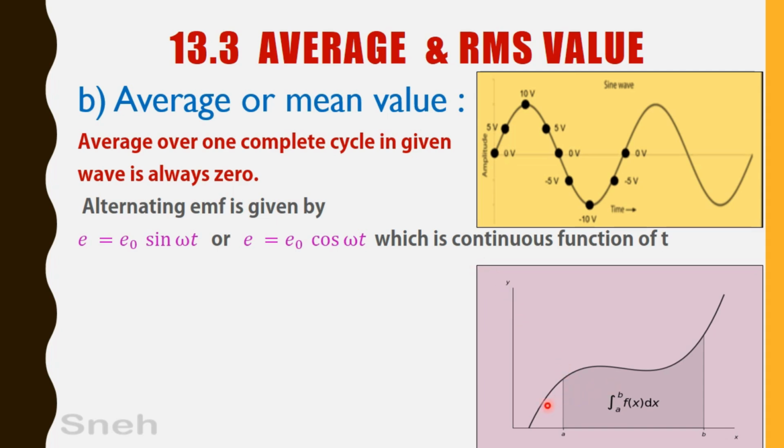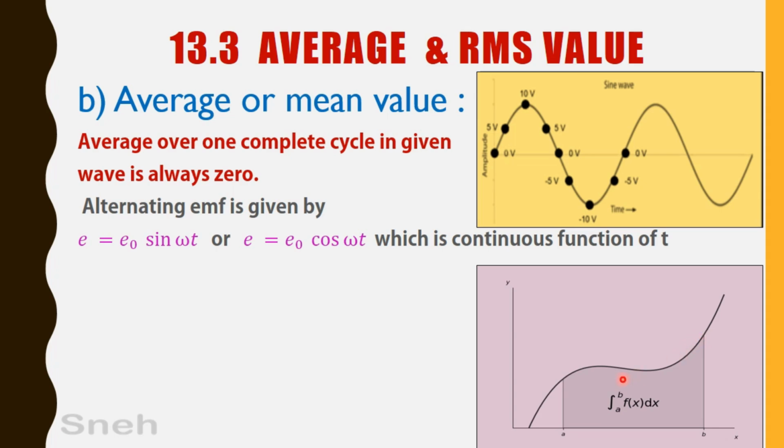Suppose this is a graph of a function f of x, or I say that function is y is equal to f of x. That y is varying in this way. Now I want to find out its average for this shaded region. Within this region, how much is the average of this particular function that I want to find out.